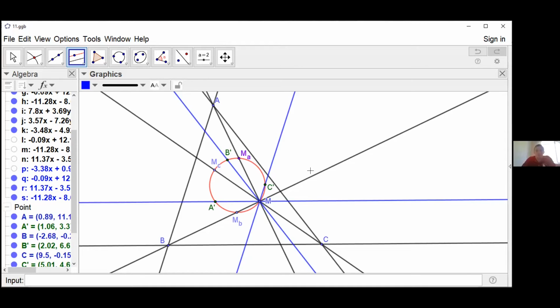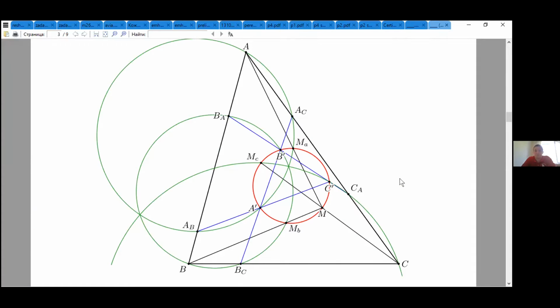The easiest solution can be obtained by an additional construction of points. We prolong the sides A prime B prime, B prime C prime, A prime C prime, and obtain new points of intersection with the side lines of the initial triangle, like AB, BA, AC, and so on.